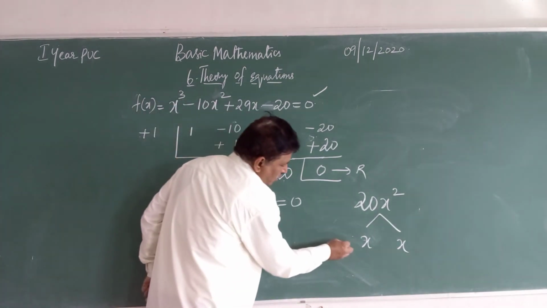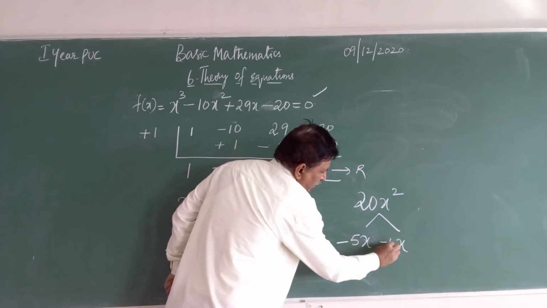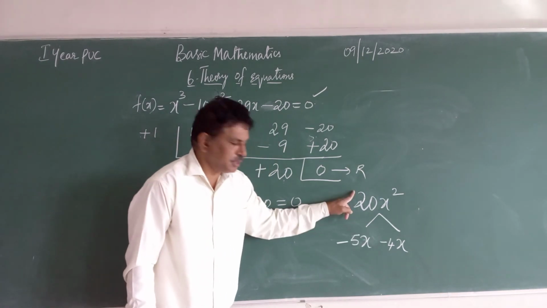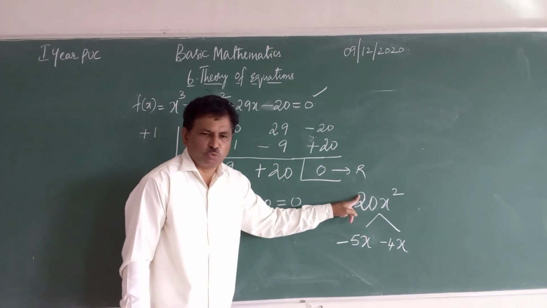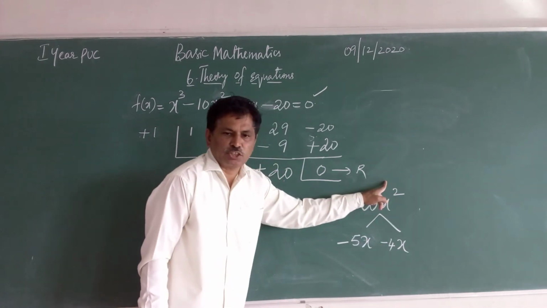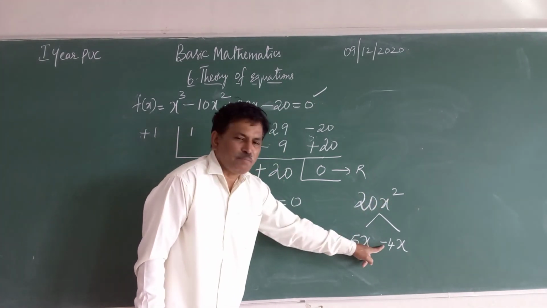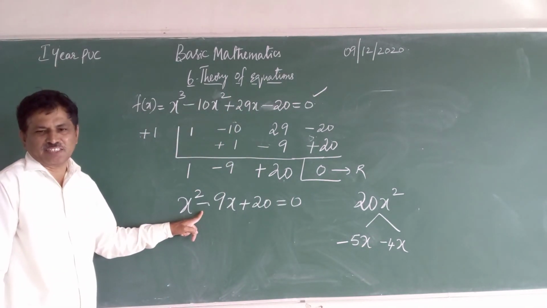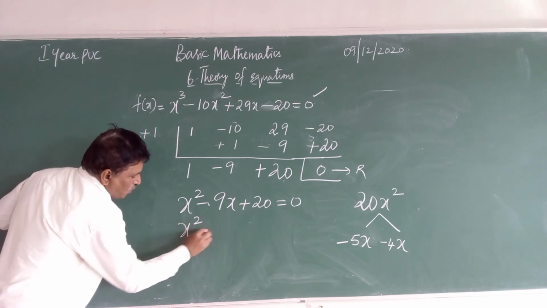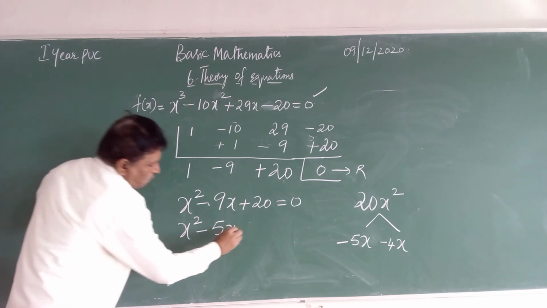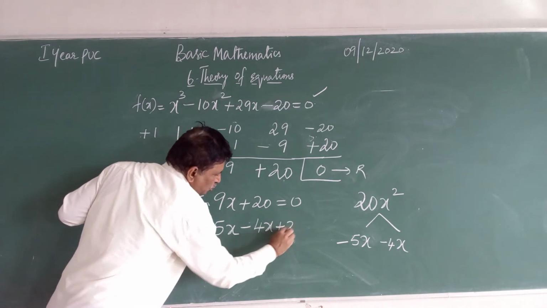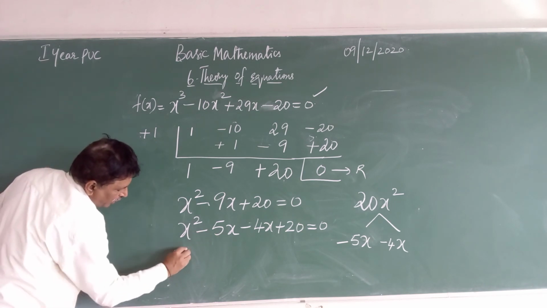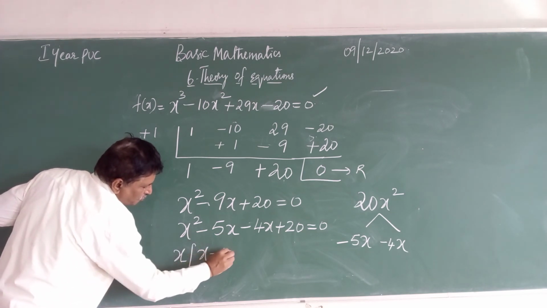I will take minus 5 minus 4. So minus into minus plus, 5 4 times is 20, x into x is x square. So minus 5x minus 4x, both are of same sign. When I add, I will get minus 9x. So x square minus 5x minus 4x plus 20 is equal to 0. In these two terms we can take x common, I will get x minus 5.